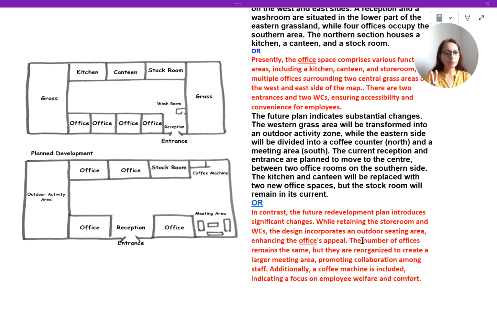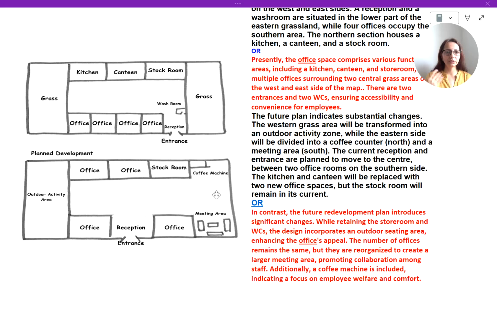The design incorporates an outdoor seating area, enhancing the office appeal. The number of offices remains the same, four, but they are reorganized to create a larger meeting area, promoting collaboration among staff. Additionally, a coffee machine is included, indicating a focus on employees' welfare and comfort.